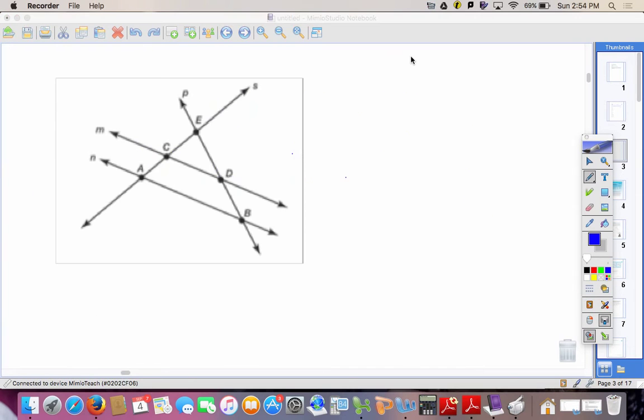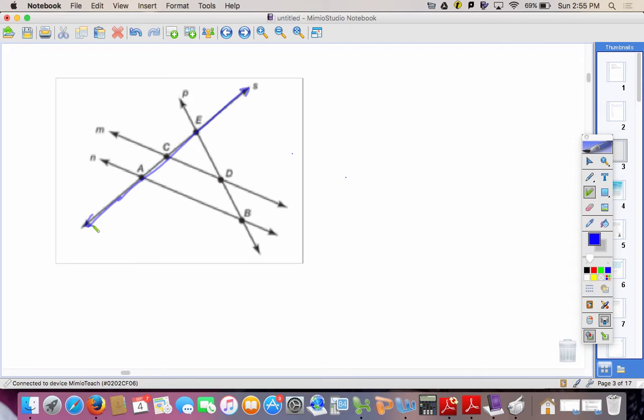Let's look at this figure for just a second. You have this in your book, and we're just going to talk about some different parts of this. Let's highlight this line right here. It's not highlighting, but I'm looking at this line right here. Okay, how can I label this? What are the different ways I can label this?